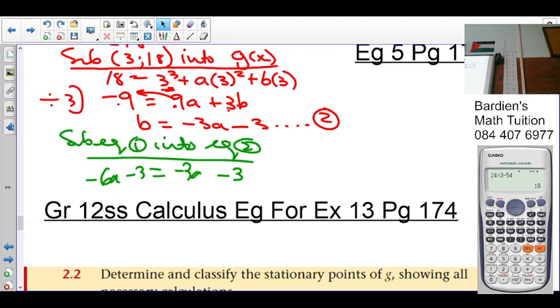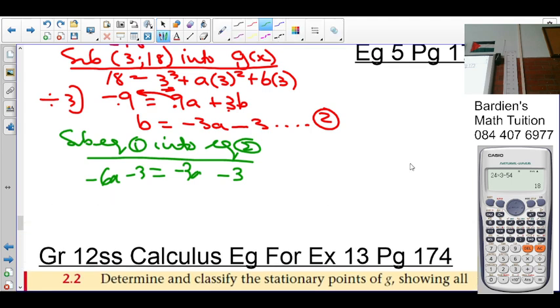Okay, solve for a here. So that's going to give us negative 3a is equal to 0. So a is equal to 0.